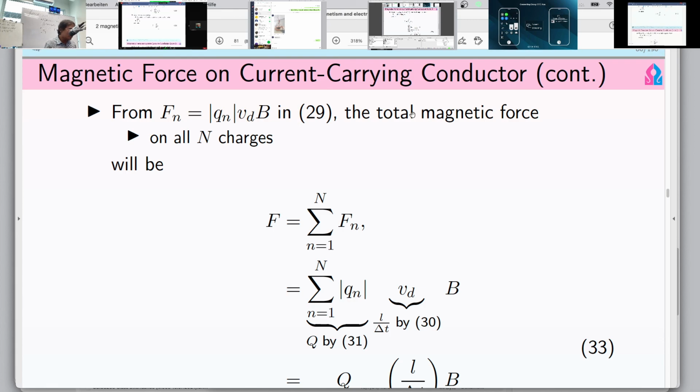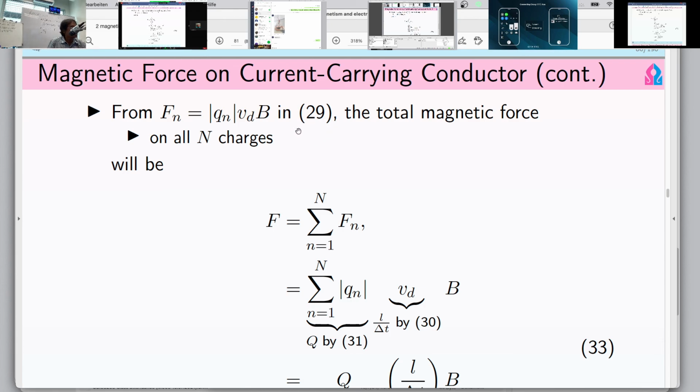Now let's move to the next page, which gives you the idea of the whole amount of force that happens in the last two figures while the conductor is bent. In this one, you just use the F equals QvB for each particle, in equation number 29.